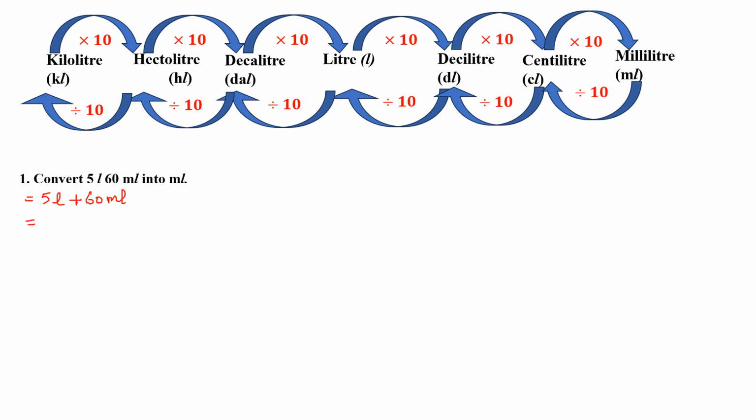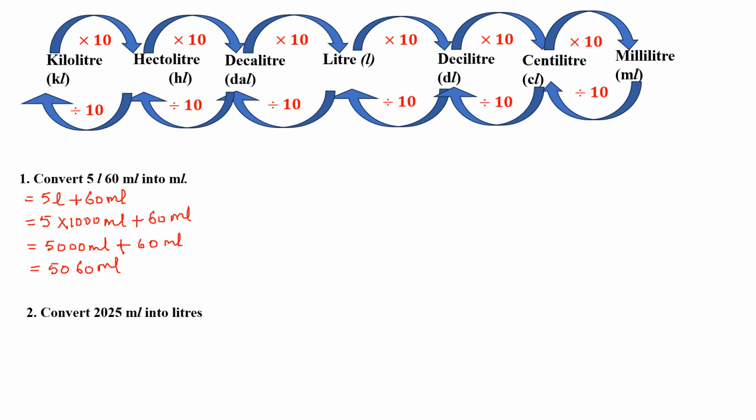It means you have to multiply by 1000, isn't it? So 5 into 1000 milliliter plus 60 milliliter, and 5 into 1000 will give you 5000 milliliter plus 60 milliliter. So the answer will be 5060 milliliter.